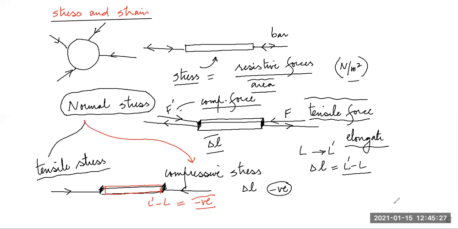Let's go further. There's another type of stress other than normal stress, which is known as hydraulic stress. So this means that tensile stresses and compressive stresses are perpendicular to the surface. Very right. Let's say this is the surface A, and the forces applied are like this.